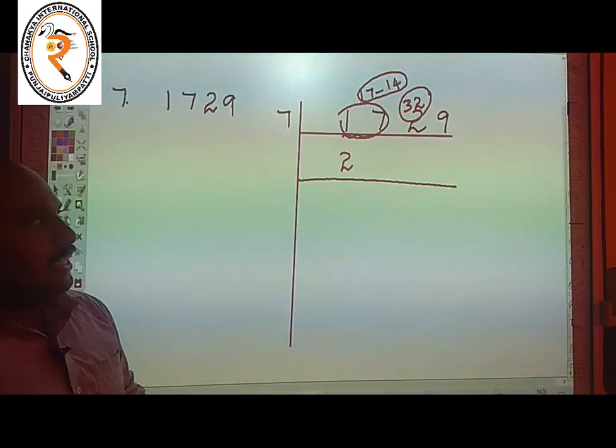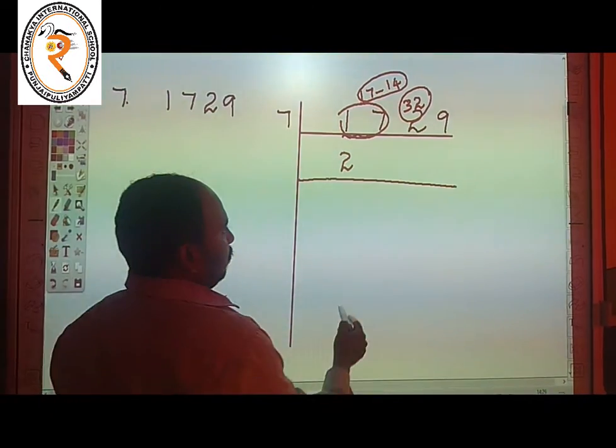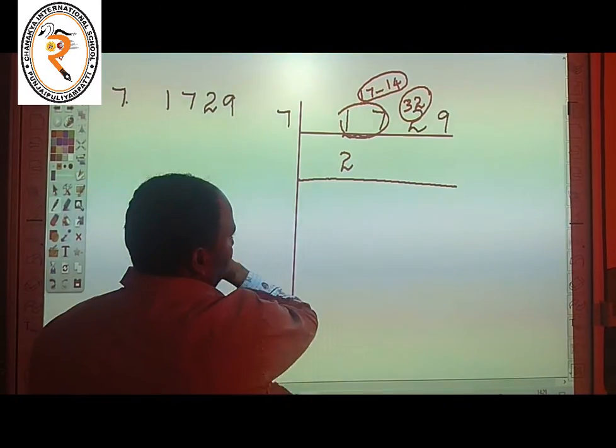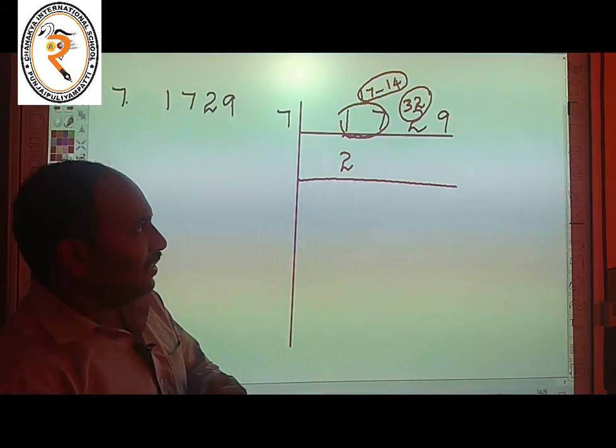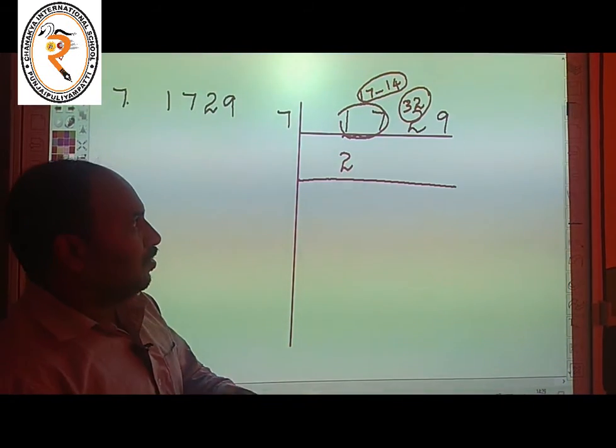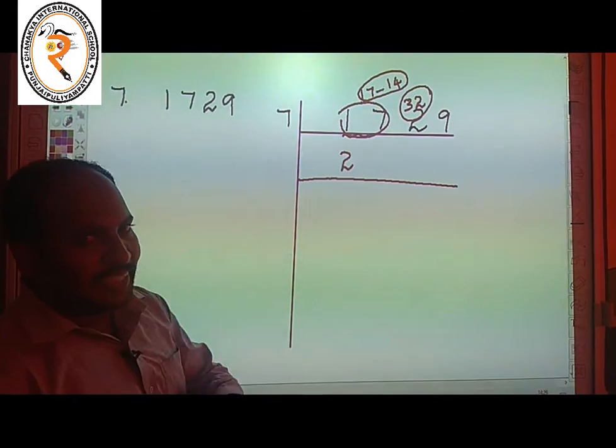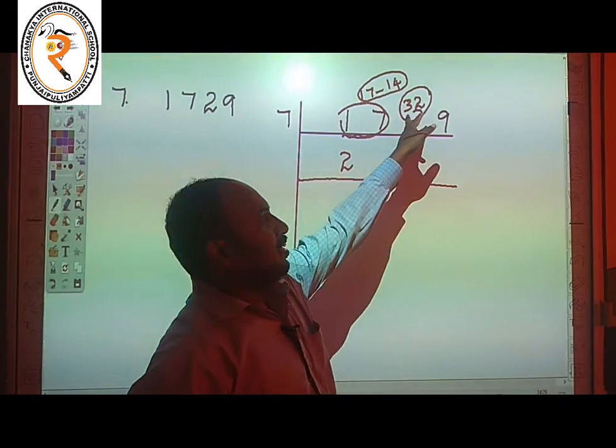Already 2 having. The number is 32. Again we take the 7th table. 1 7 is 7. 2 sevens are 14. 3 sevens are 21. 4 sevens are 28. We have 32.